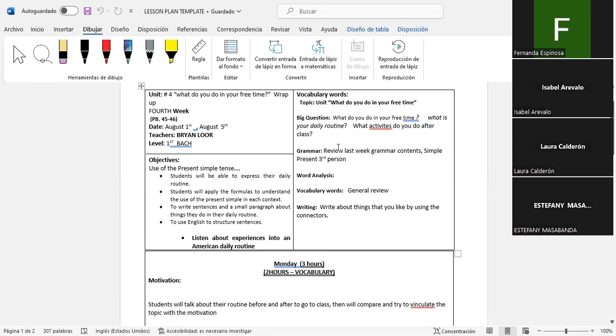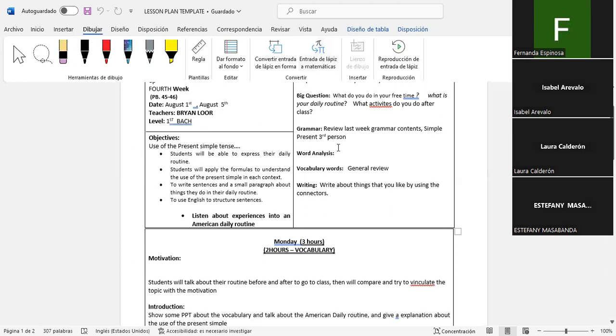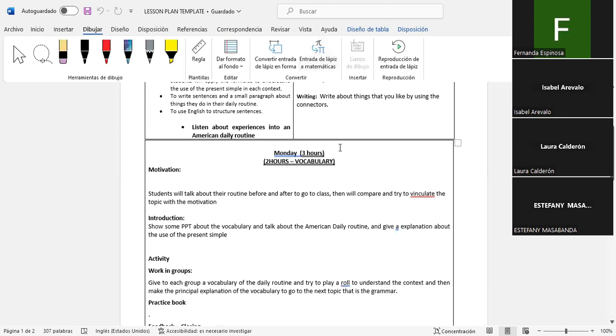For example, in the introduction of all the units, it is about vocabulary. I try to focus the motivation on the students talking about their routine before and after going to class, then comparing and trying to link the topic with the motivation.